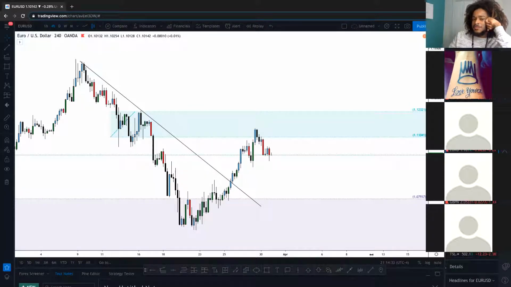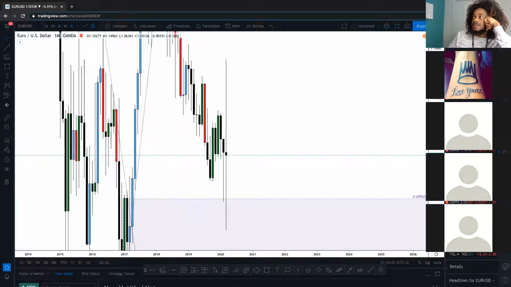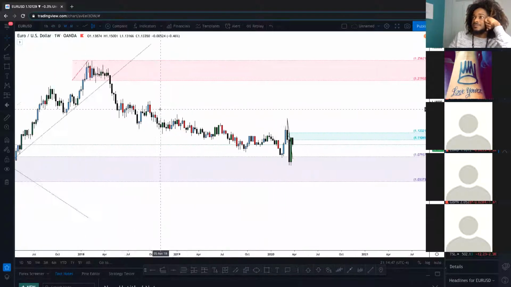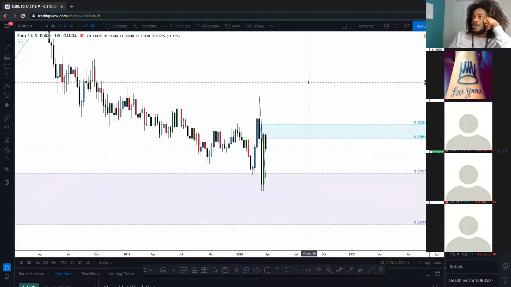Yeah, for those of you who just joined, we were just doing some top-down analysis. And so far, we established that the monthly demand is in control. So we're looking for longs for a long-term bias.